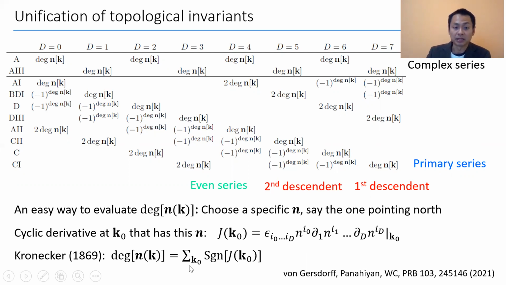The degree of the map is nothing but summing over all the signs of this cyclic derivative over all these discrete momentum points that have the n vector pointing to the North Pole, according to the formula proposed by Kronecker over 150 years ago. So in other words, although this wrapping number has an integral form, you can actually calculate it on discrete momentum points.